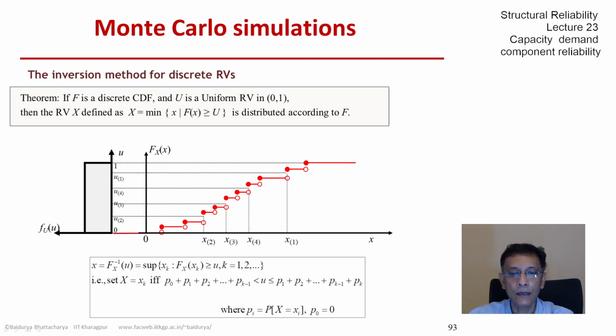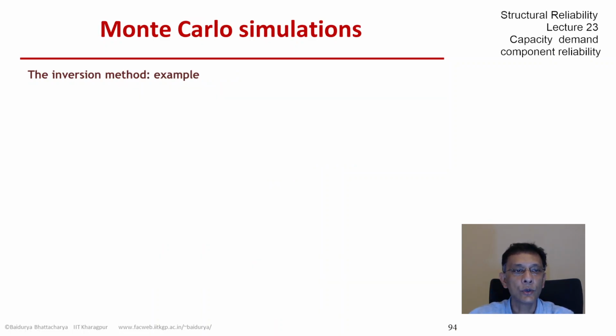Let's look at a few examples of this inversion method, how we can code that. So let's take two examples from continuous type distributions. Let's say we want to generate an exponential with parameter lambda, our starting point being a standard uniform deviate.